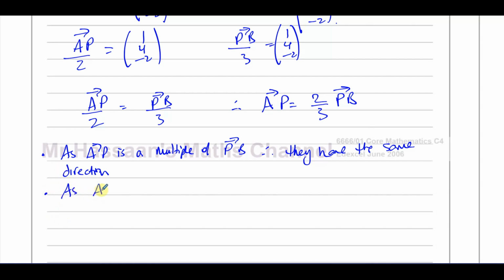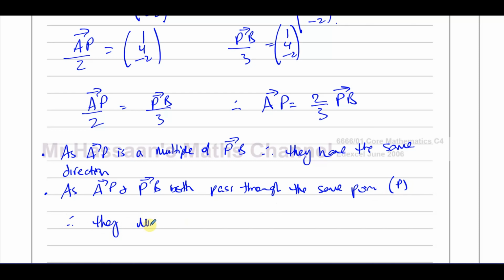And then we can say as A to P and P to B both pass through the same point, which is P, therefore they must be collinear.